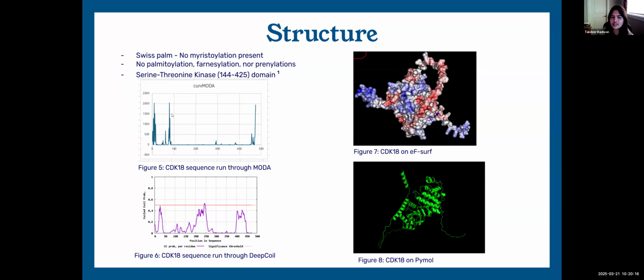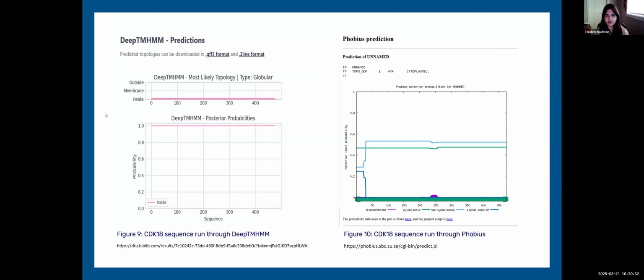In MODA, we see a bunch of peaks here, but I think these are false positives because throughout my research, I've seen that this kinase is primarily either cytoplasmic or located in the nucleus due to the cell cycle regulation part of things. So here on the left, we can see that this kinase is primarily on the inside, which makes sense.